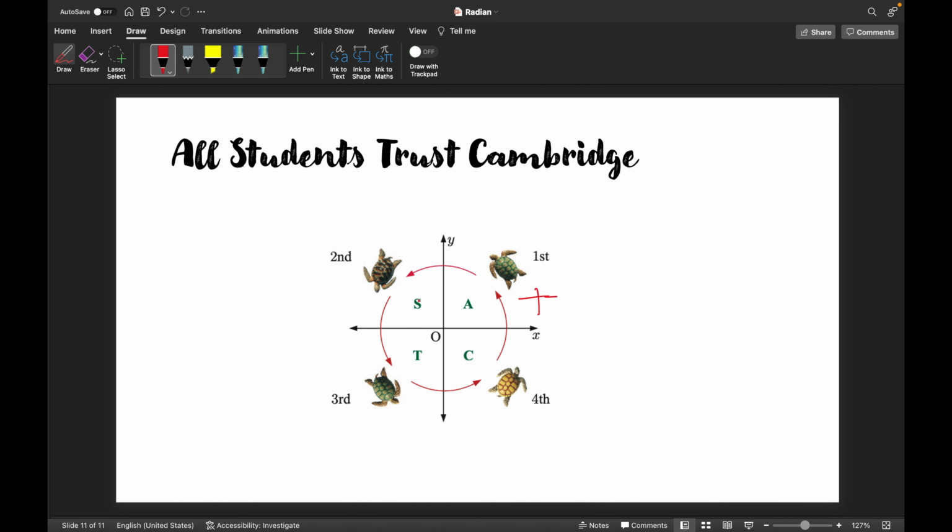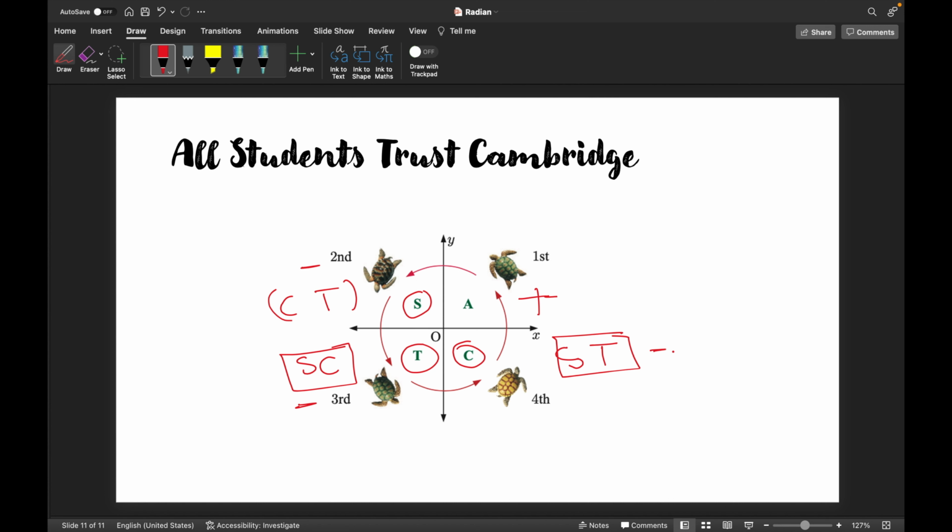And in the second quadrant, only sine is going to be positive, and cos and tan will be negative. In the third quadrant, tan is going to be positive, but sine and cosine are going to be negative. In the fourth and final quadrant, cos is going to be positive, and sine and tan are going to be negative.